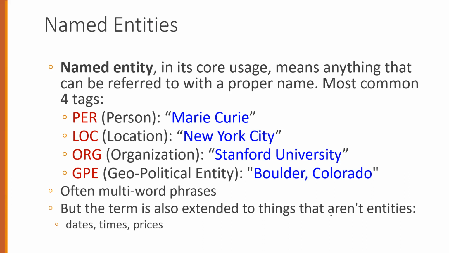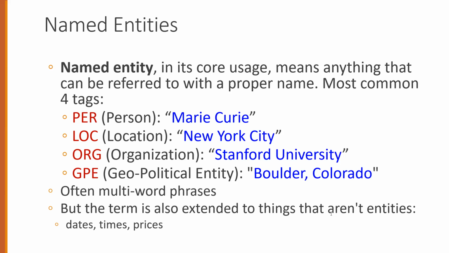Part of speech tagging can tell us that words like Janet, Stanford University, and Colorado are all proper nouns. Being a proper noun is a grammatical property of these words. But viewed from a semantic perspective, these proper nouns refer to different kinds of entities.